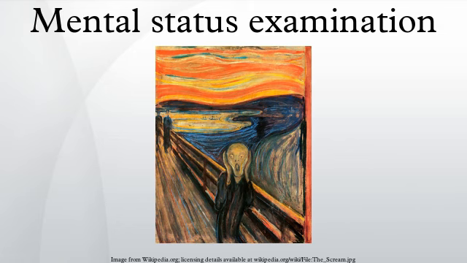Judgment. Judgment refers to the patient's capacity to make sound, reasoned and responsible decisions. Traditionally, the MSE included the use of standard hypothetical questions such as, "What would you do if you found a stamped, addressed envelope lying in the street?" However, contemporary practice is to inquire about how the patient has responded or would respond to real-life challenges and contingencies.